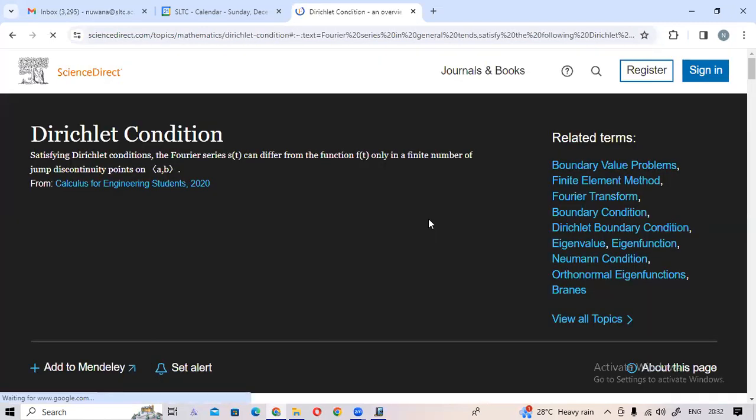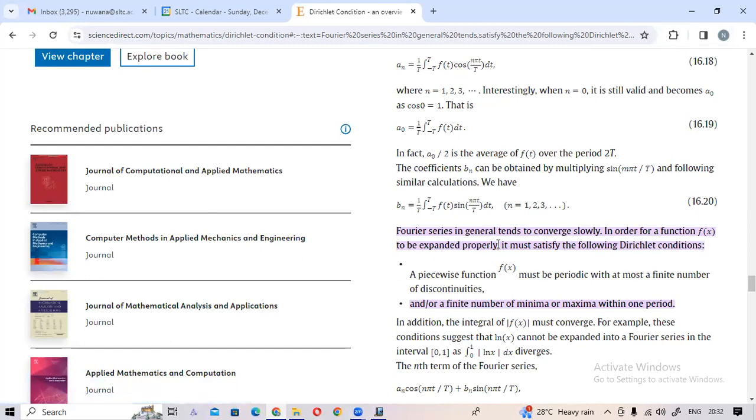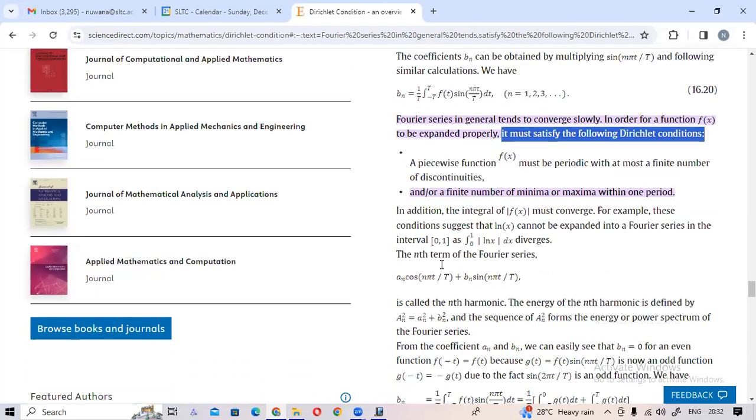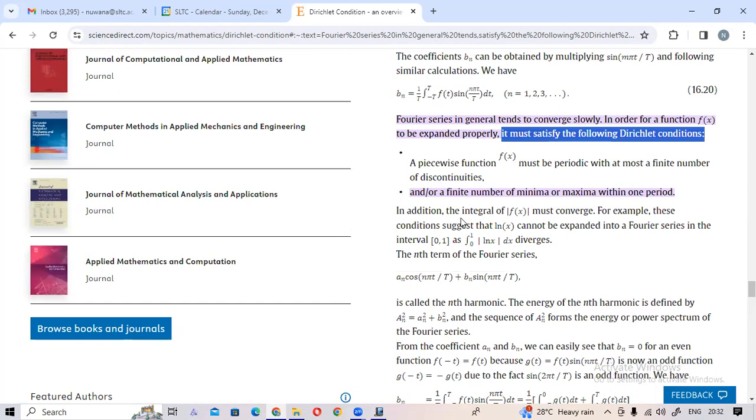We can represent a signal by a Fourier series if it satisfies the Dirichlet conditions. There are some conditions, maybe one or two or three.